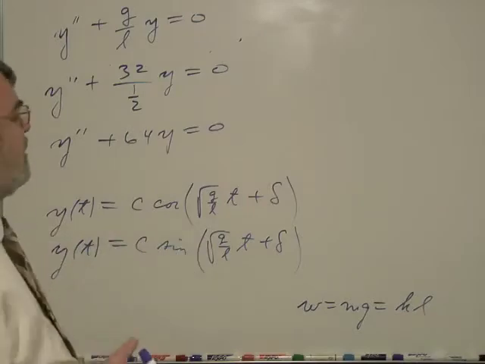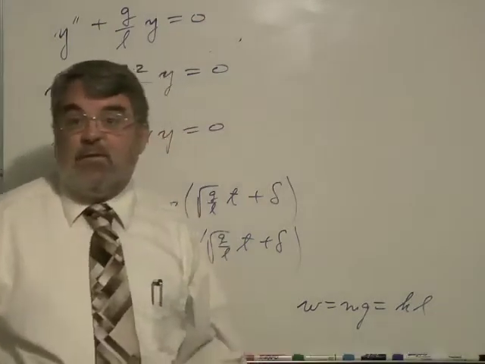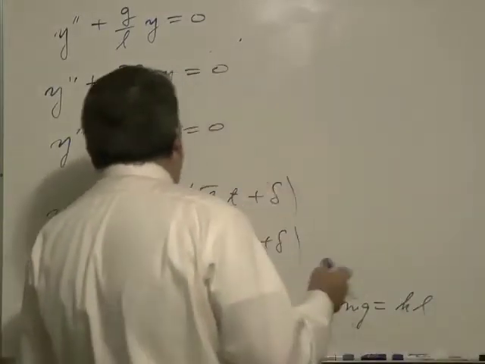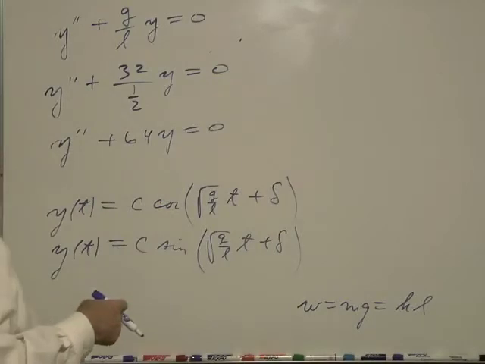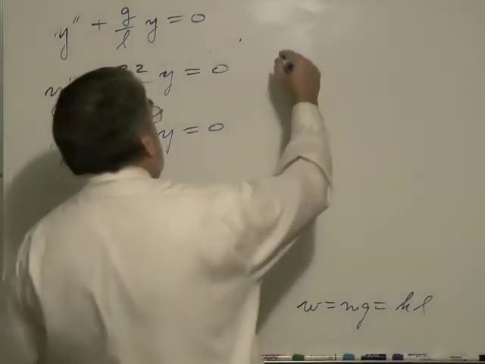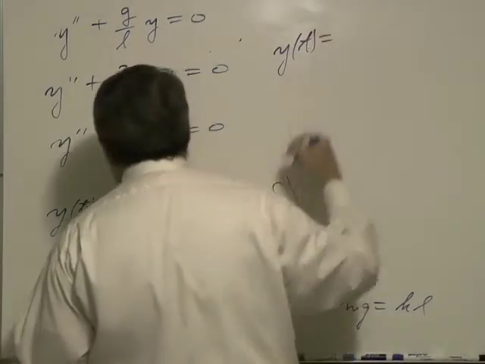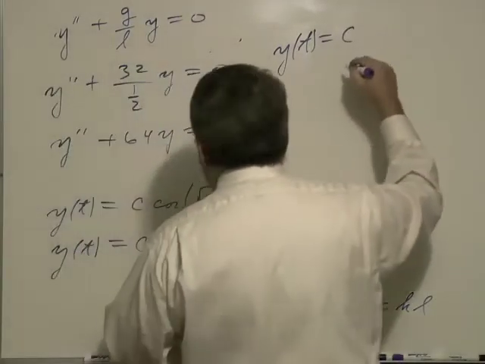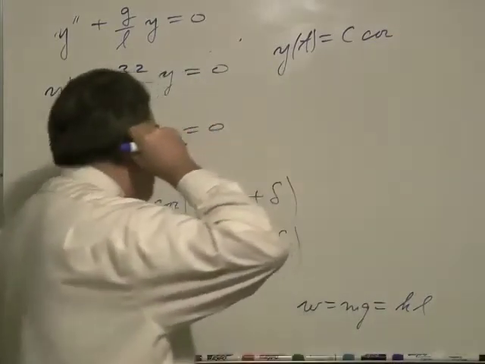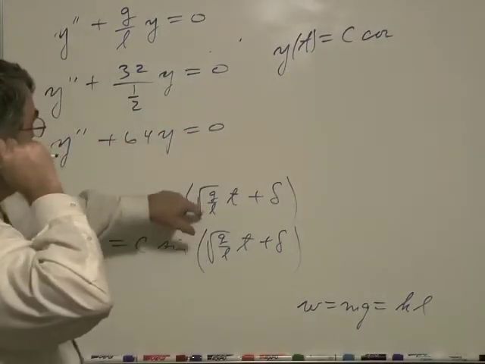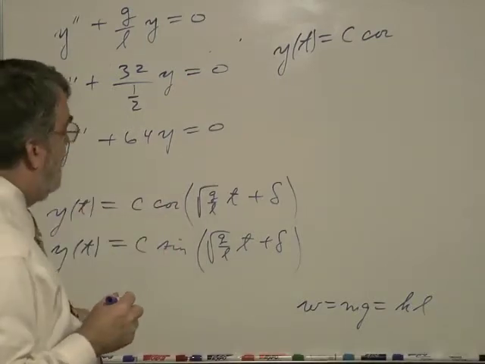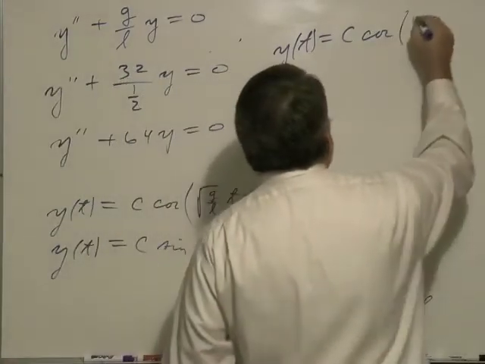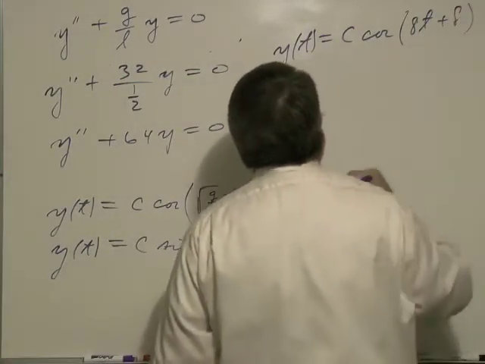m squared plus 64 equals 0. The roots of the characteristic equation are plus or minus 8i. And that would give us solutions we could write out. So y of t will equal c times cosine, and the square root of g over L is the square root of 64, that would be 8, so it would be 8t plus delta.